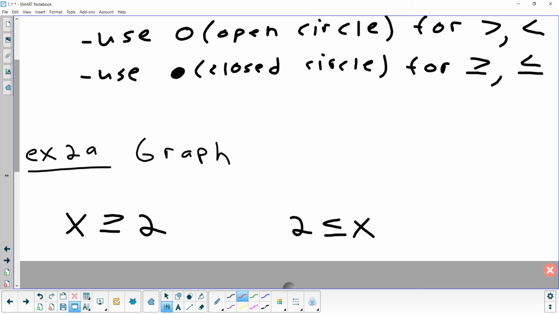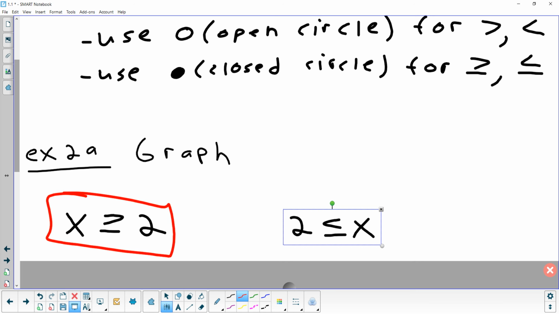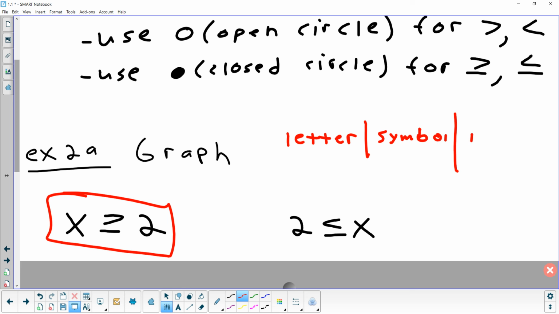These two problems are exactly the same. This is the way we prefer it, because if you do it the way that's on the left, the symbol tells you the direction to shade. As long as you set it up so it's letter, symbol, number, the symbol will point in the direction to shade.